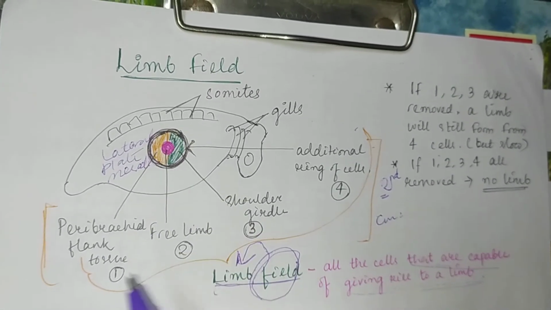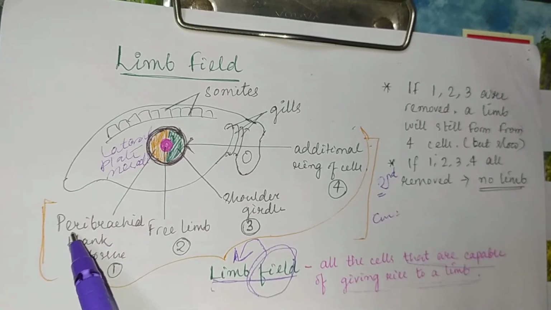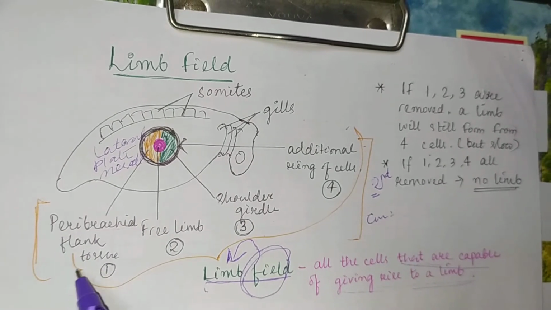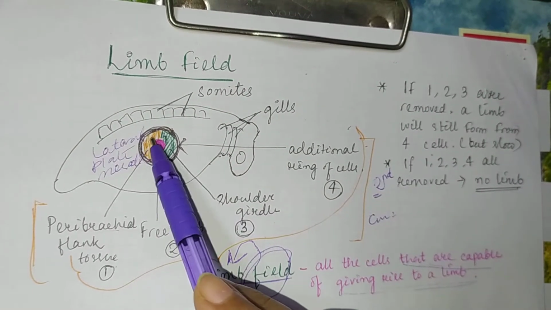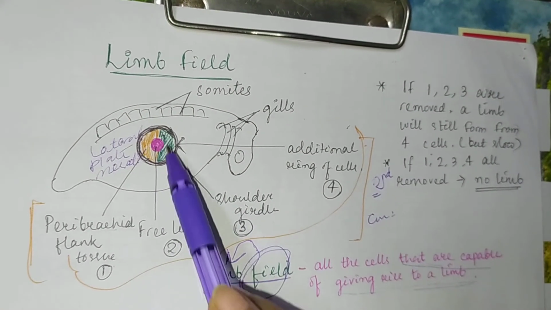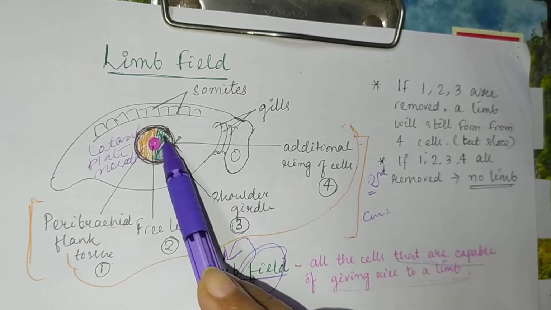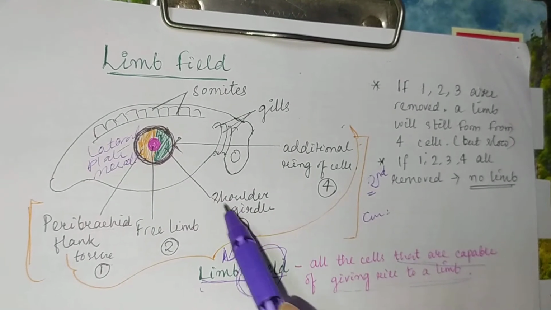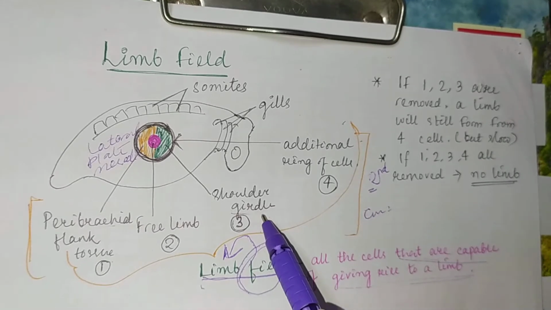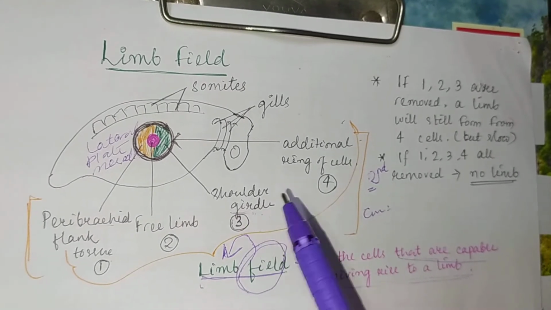What kind of cells are there? Group 1, which is the peribrachial flank tissue, is present on the left side. Then on the right side there is group 3, that forms the shoulder girdle of the limb.